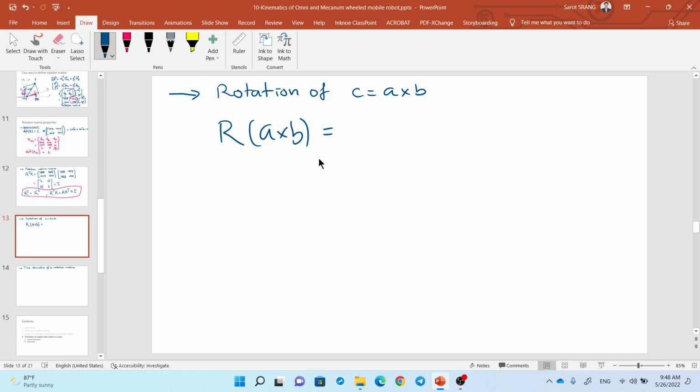What will it be? What do you consider A and B? It becomes RA cross RB.